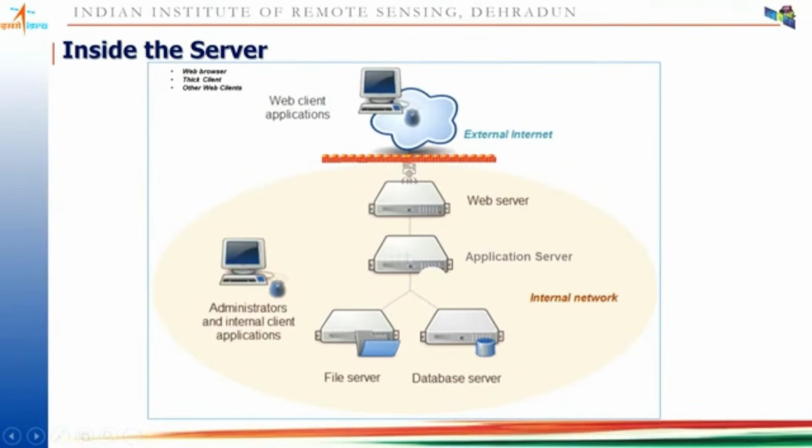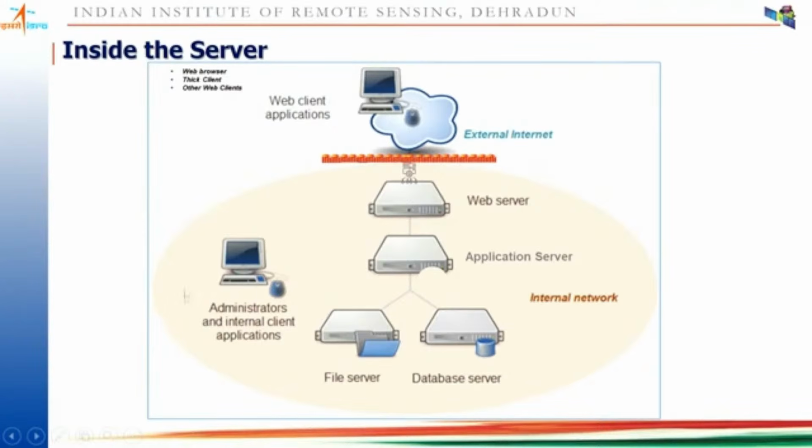So this application server will fetch that information from the file server and the database, and once it processes that data, it will give it to the web server, and the web server will then pass it on to the clients. This way the complete architecture works inside the server.